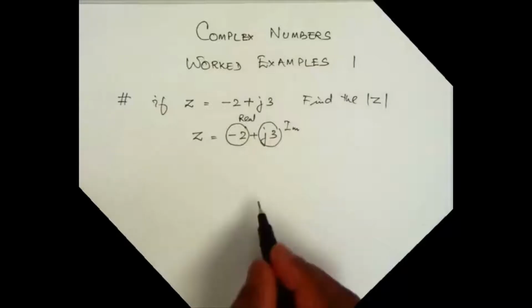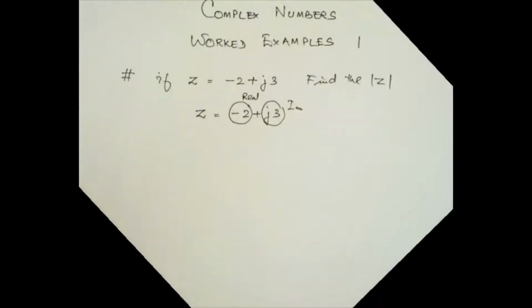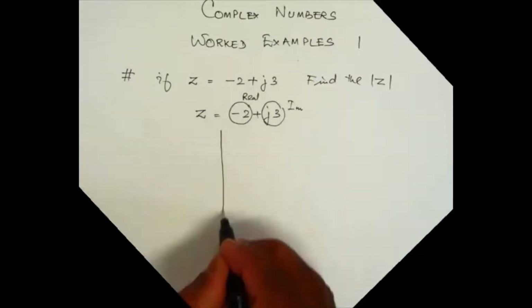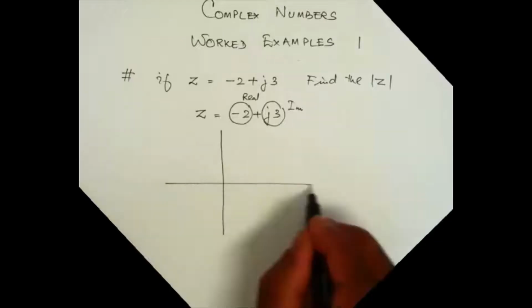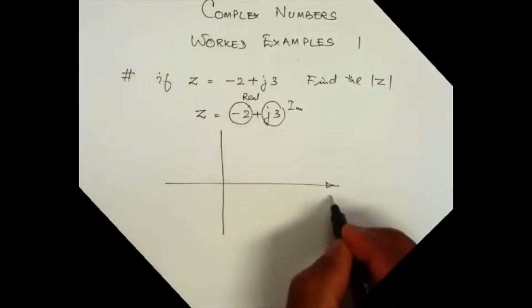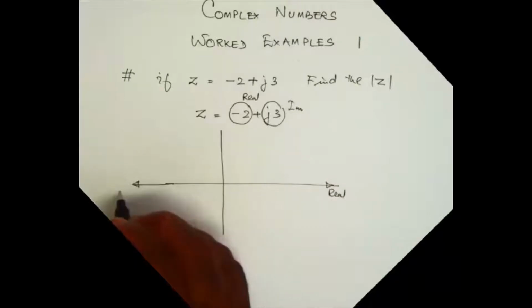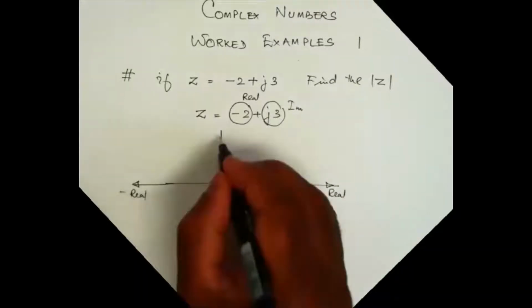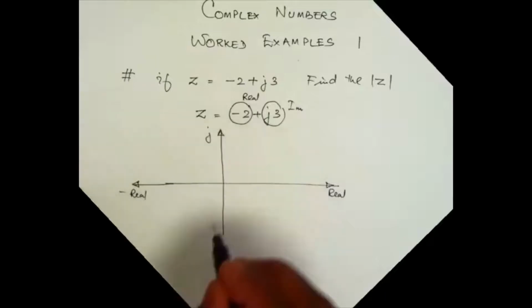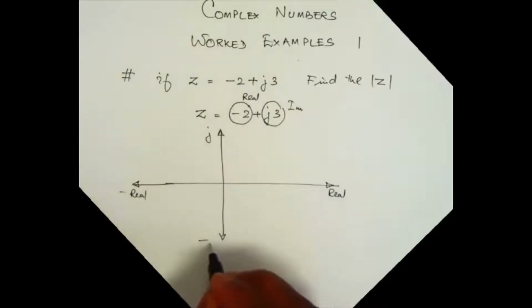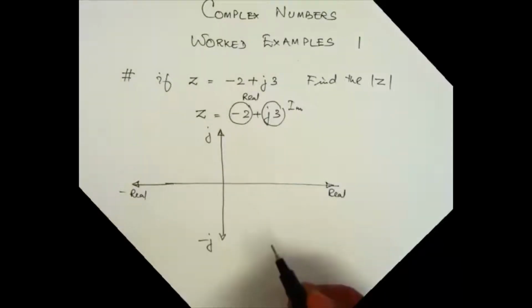So if we just represent this in the Argand diagram, that's your real axis, that's the negative real axis, that's the j axis, and that's the negative j axis there.